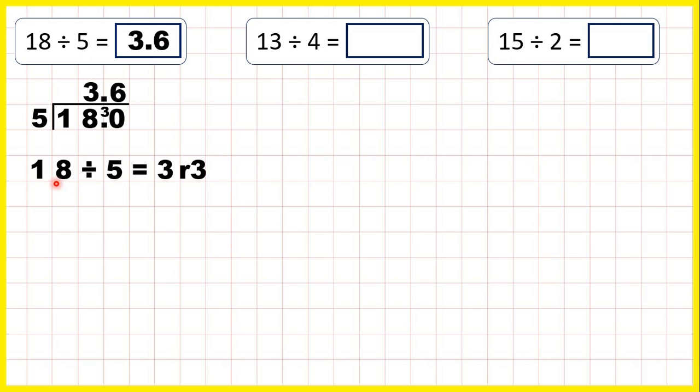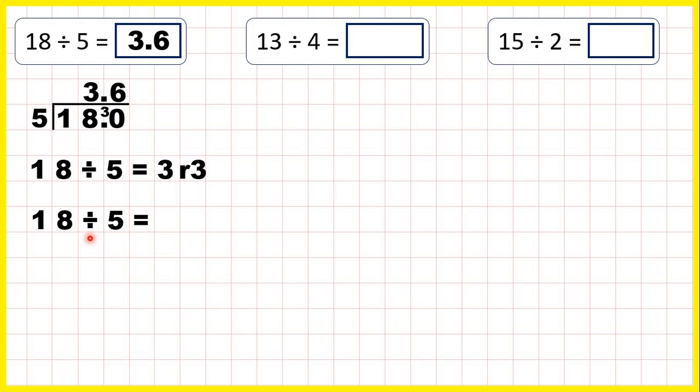We know that 18 divided by 5 is 3 remainder 3, but what we did here was extend our dividend with a point 0, copy the decimal point into our answer, and write the remainder 3 in front of the tenths digit, so we could write the remainder as a decimal.